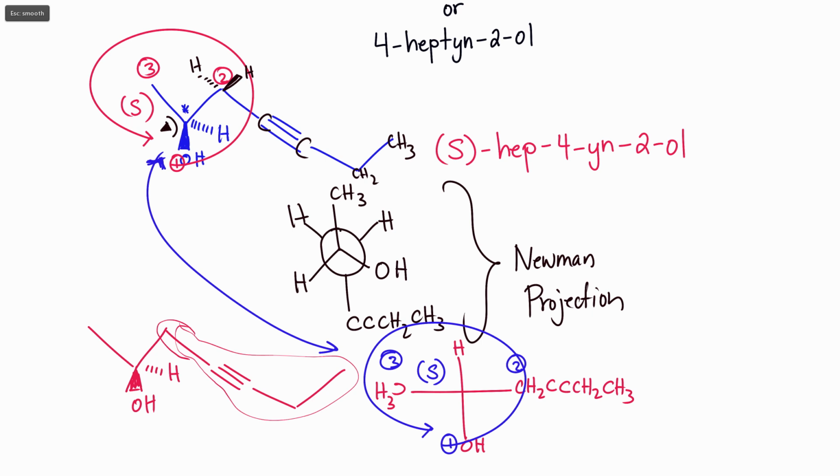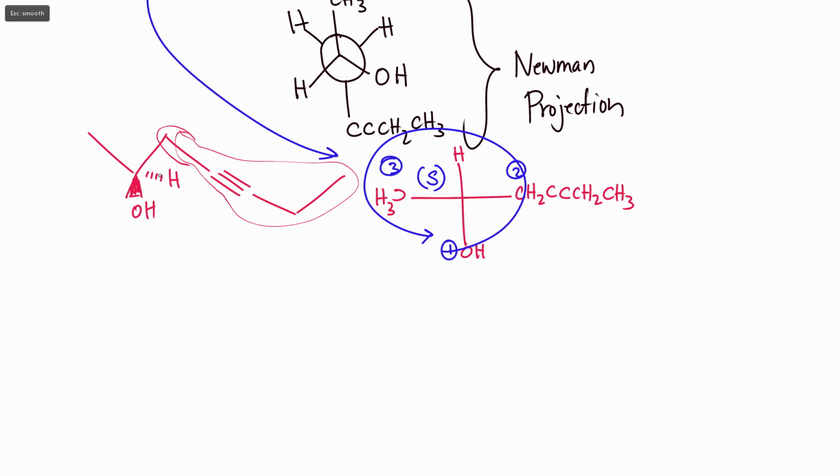Now, the last one we'll do is naming a molecule with a double bond, a triple bond, and an alcohol. So we will have a double bond, triple bond, and alcohol.